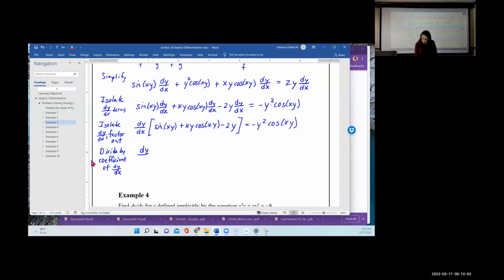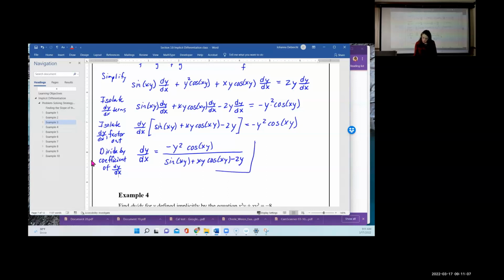So now we have that the derivative of y with respect to x is equal to negative y squared cosine of xy, the right side, divided by the factor that was on the left side on dy dx: sine of xy plus xy cosine of xy minus 2y.